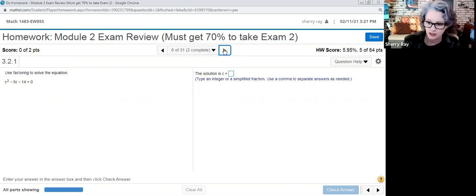So I don't forget what the problem is, I'm going to write this down. c squared minus 5c minus 14 equals 0. Now, you can find the solutions without factoring by simply graphing and finding the x-intercepts.